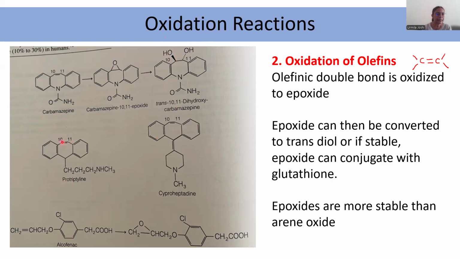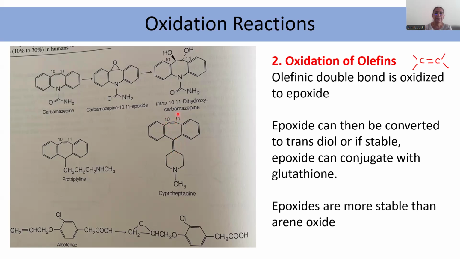Likewise in protriptyline, there is a double bond, and so it will be converted to a trans diol via its epoxide. Same is the case with cyproheptadine. There is a 10-11 double bond, and this double bond is preferentially converted to epoxide more than this double bond.